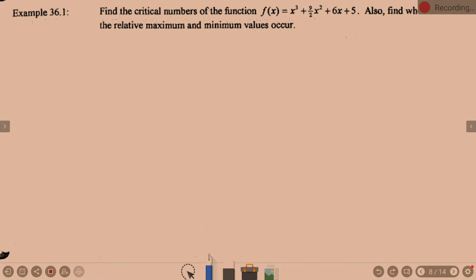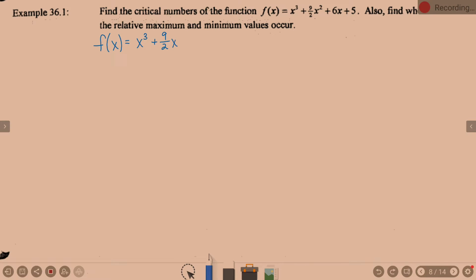When do critical numbers happen? When the derivative is equal to 0 or doesn't exist. So what do we need to start off finding? We have to find the derivative. This would fall into the category of a non-calculator problem.